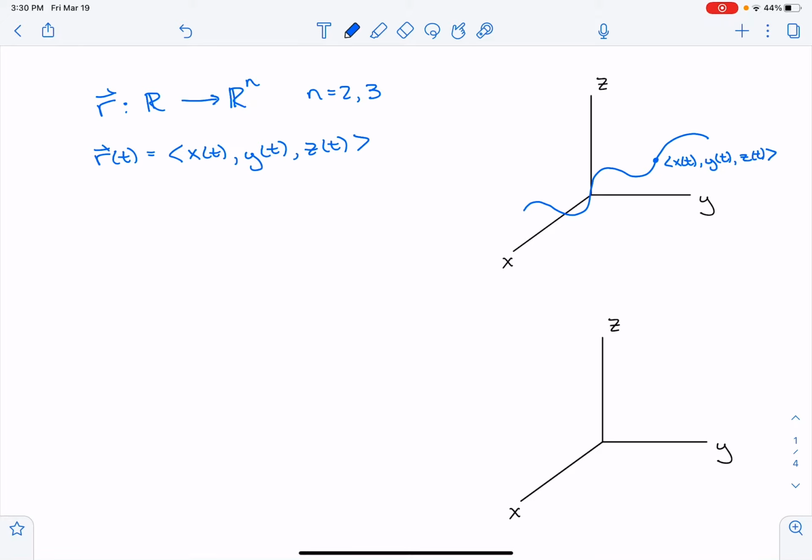And as I move through time, that traces out the curve in space. One example that we saw of this was, say, the unit circle. This would be in 2 dimensions. R of t in that case would be cosine of t, sine of t.